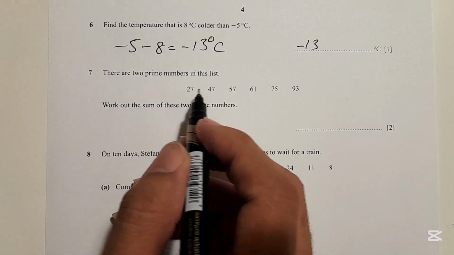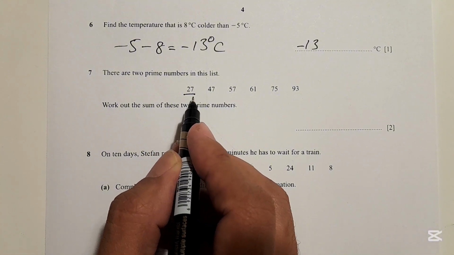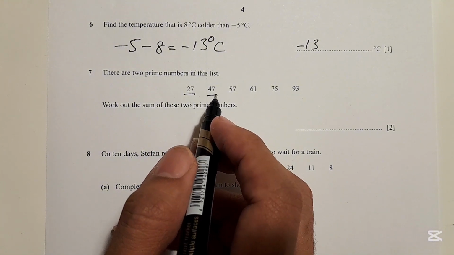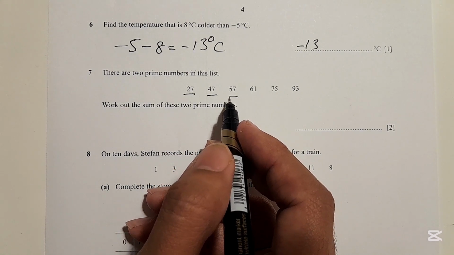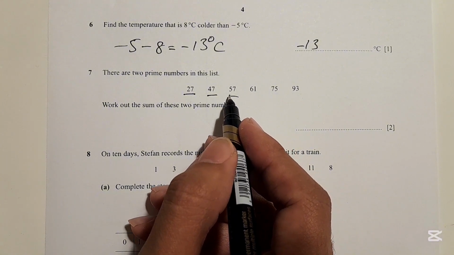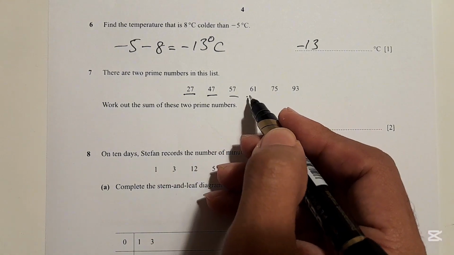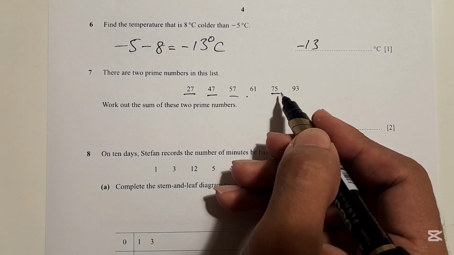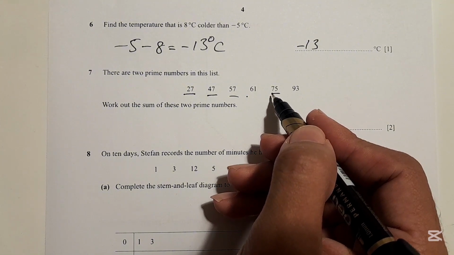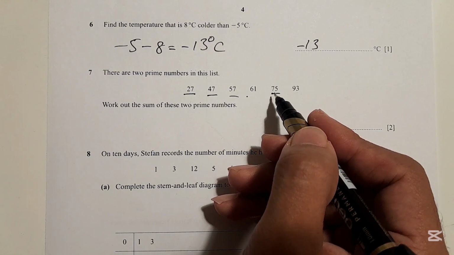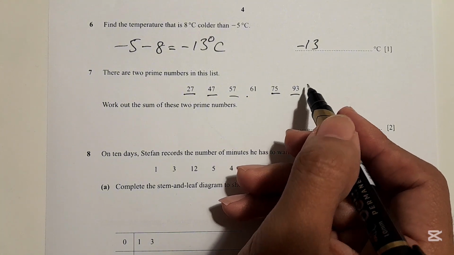Question 7 states there are two prime numbers in this list. Work out the sum of these two prime numbers. So 27 is divisible by 1, 3, 9 and 27. 47 is not divisible by any number, whereas 57 is divisible by 1, 3, 19 and 57. 61 is not divisible by any number. 75 is divisible by 1, 3, 5, 25 and 75, whereas 93 is also divisible by another number, and also 93.